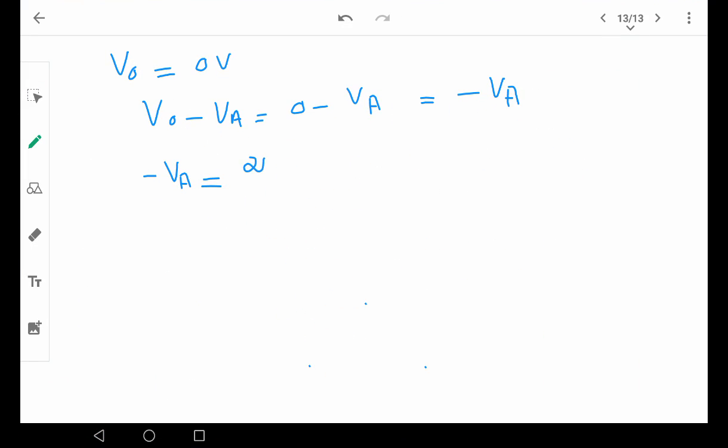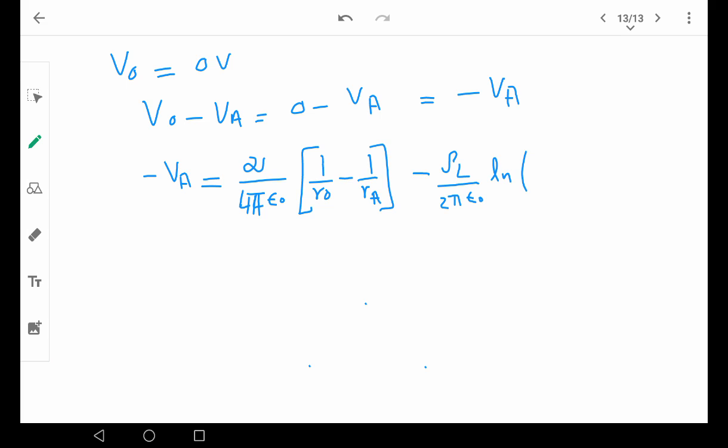That is Q by 4 pi epsilon 0 into 1 by R0 minus 1 by R A, then minus rho L by 2 pi epsilon 0 ln rho 0 by rho A, isn't it?